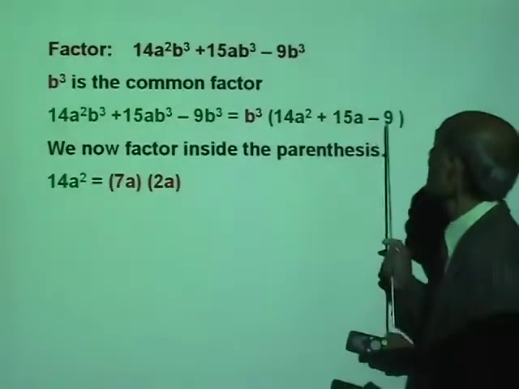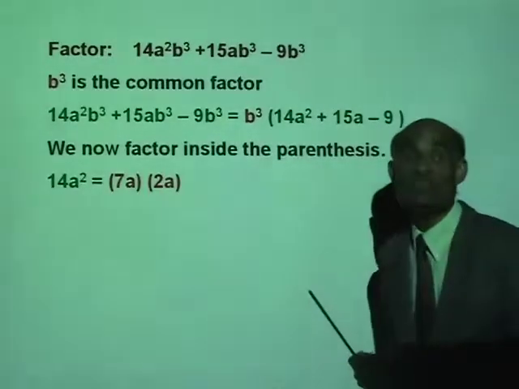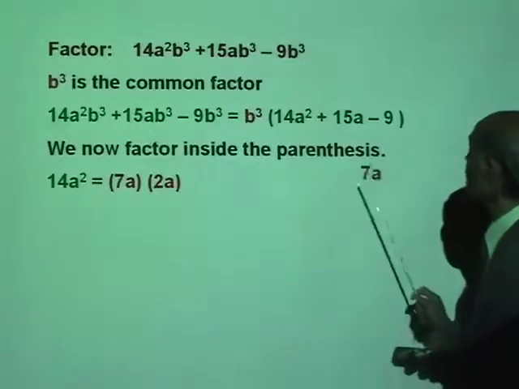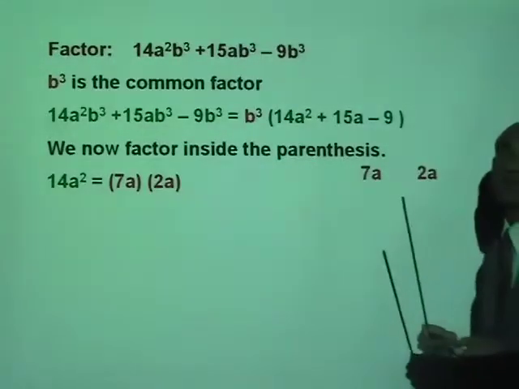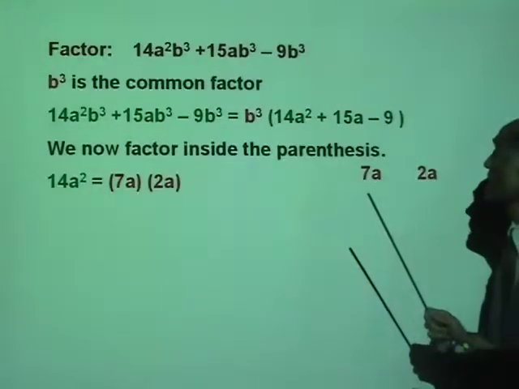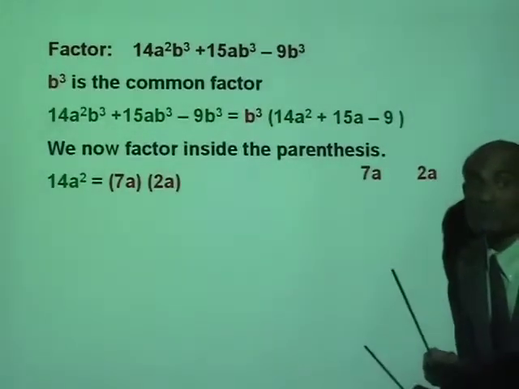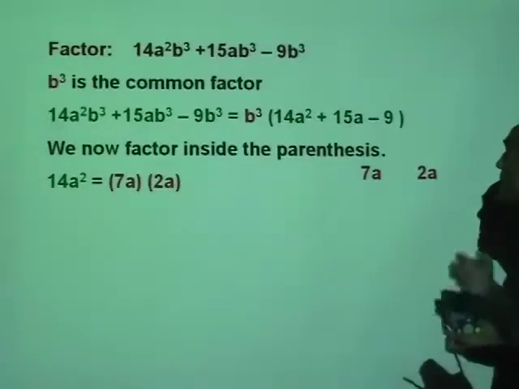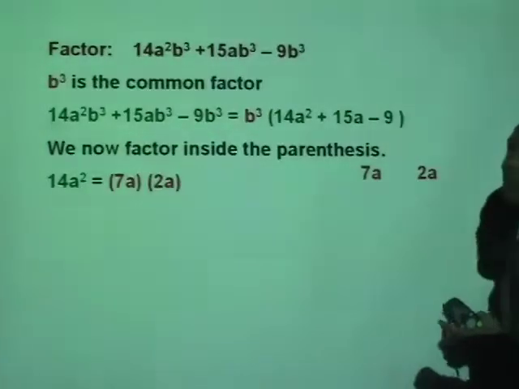Alright? How do we factor the negative 9? First let's write these, 7a and 2a. Negative 9 will be factored as a negative number times a positive number.